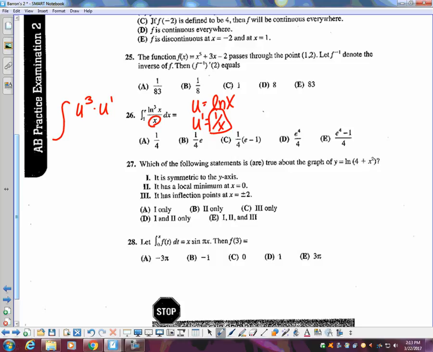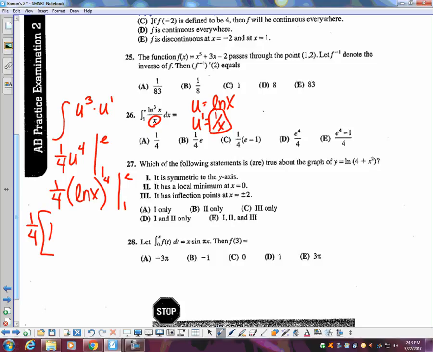So now I'm just going to use my power rule, going from 1 to e. Let me put my u back in here. u to the 4th, from 1 to e. So 1/4 ln of, no, not a 2. Where'd I get a 2?